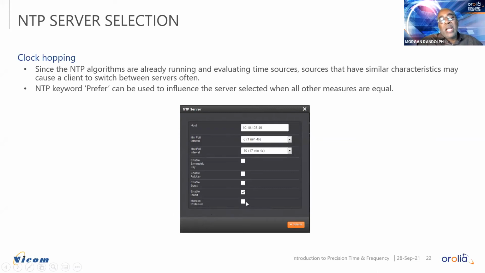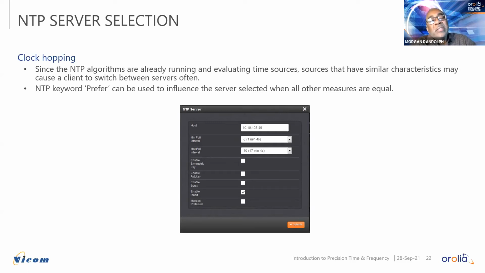So depending on what your infrastructure looks like, you probably want to do that, because if everything else is equal, being marked as preferred gives the nod to that device to become the time server. So that's basically just an added way to decide which becomes the time server.